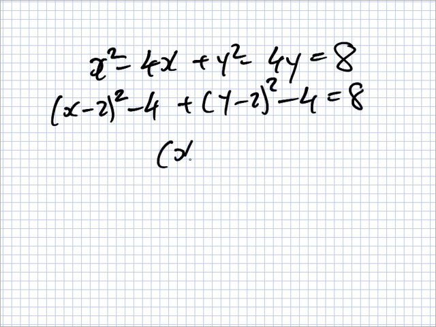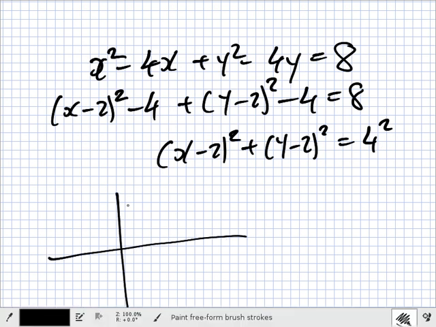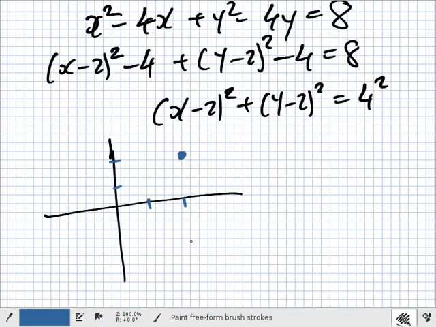So that is x minus 2 squared plus y minus 2 squared equals 4 squared. Yeah? So where's the centre of this circle? It's at this point here. And the radius? It's 4. So actually, it's going to be quite a large circle.